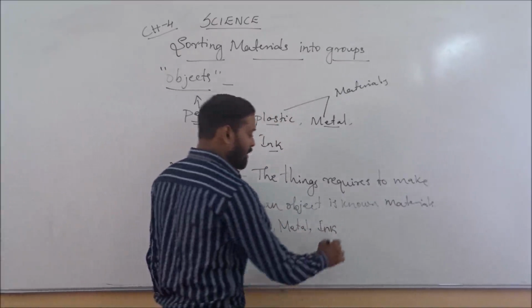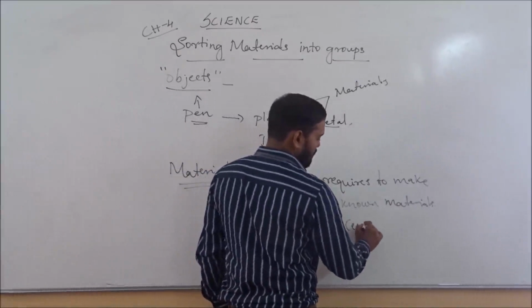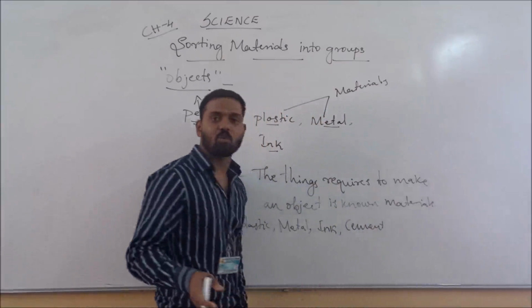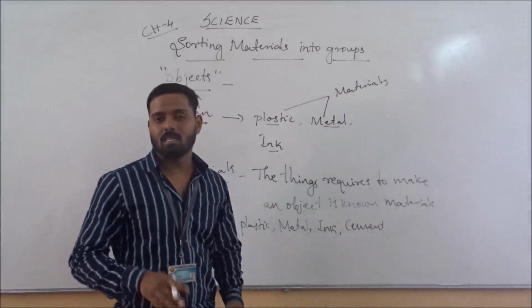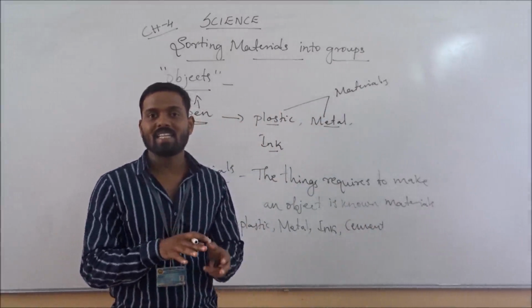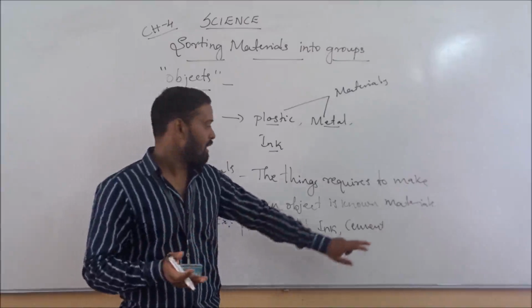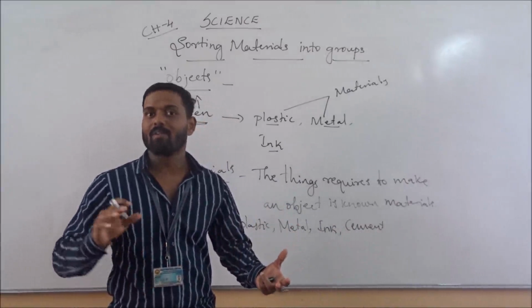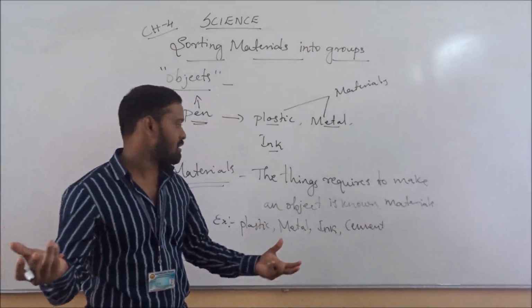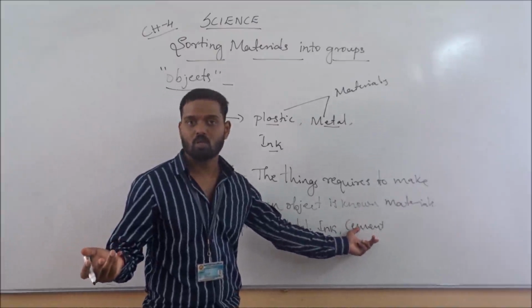Then cement. Certain things you can call materials as well as objects. Cement is a material as well as an object, because to prepare cement you require limestone, and they add some other chemicals to it.